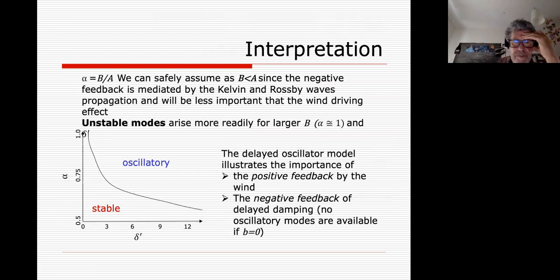What we interpret: alpha is B over A, and B over A is generally small, because the negative feedback is mediated by Kelvin-Rossby waves and it will be less important than the wind driving effect. And this means that most probably the model is unstable for larger B.